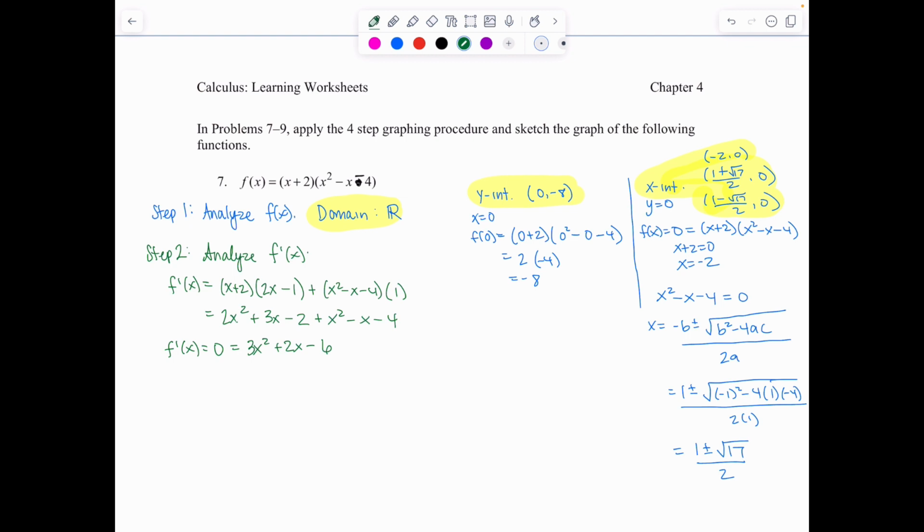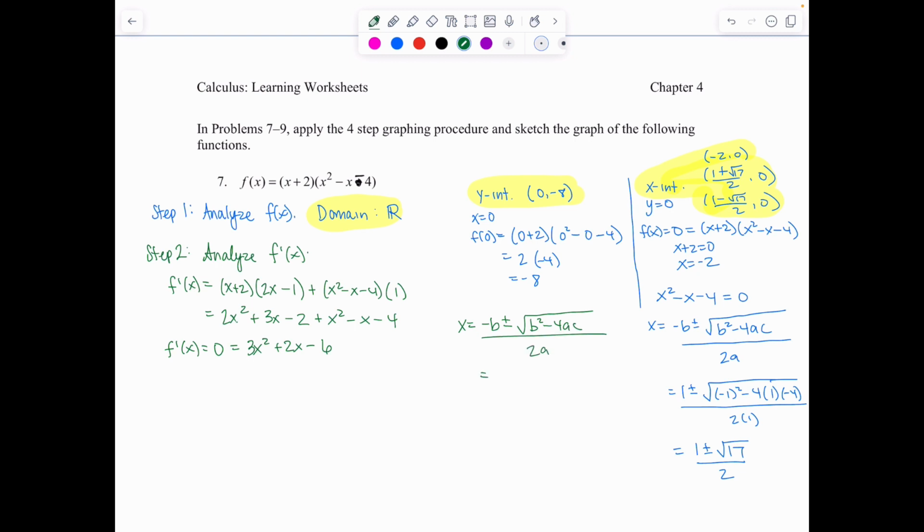And again, we'll use our quadratic formula. So we have negative b plus or minus square root b squared minus 4ac all over 2a.